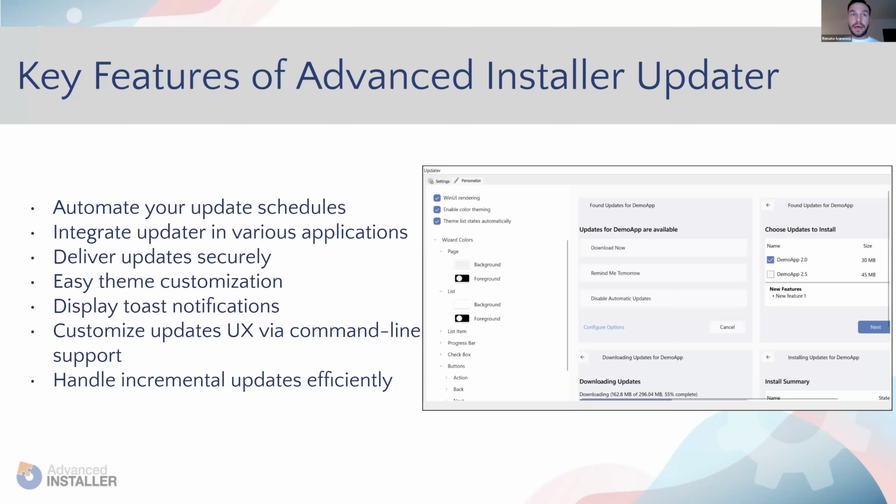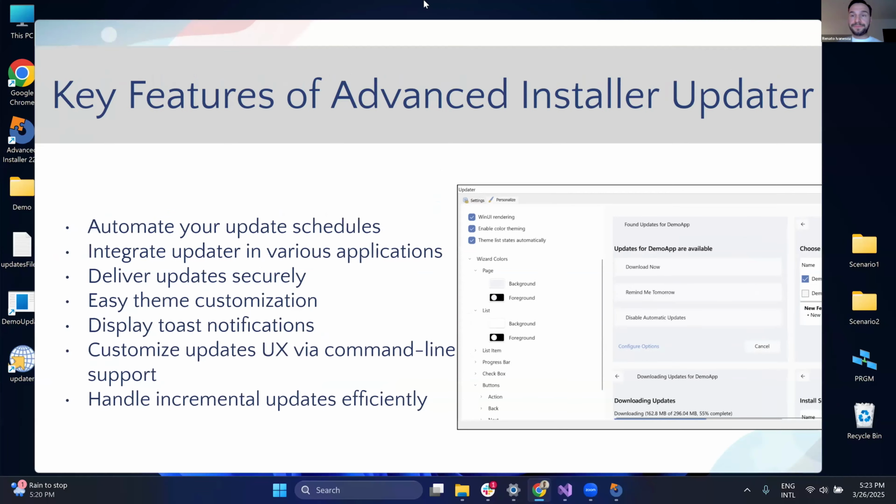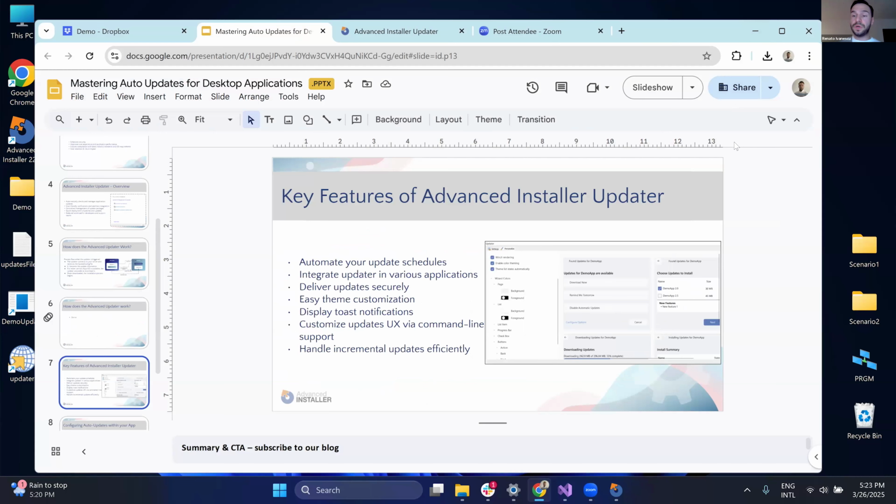But now let me show you an important feature of Advanced Installer Updater, namely the integration within applications. You can integrate the updater into various types of applications, such as C++ applications, C# or Java. But for this session, I've prepared two scenarios to demonstrate how the updater can be integrated into a C# application.